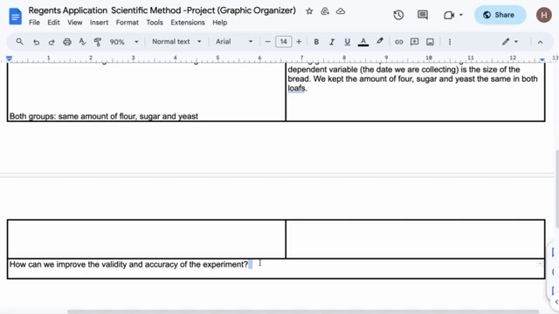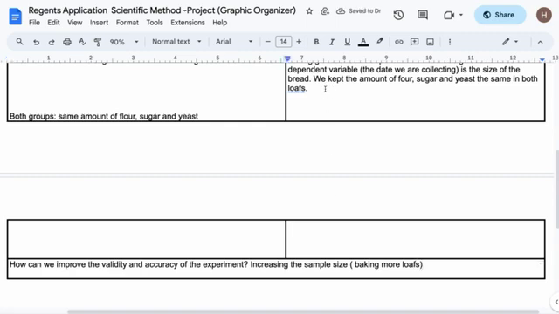If you increase your sample size, you increase your validity. And by the way, what is validity? Being valid is the likelihood of being accurate, of being correct. So improving the validity is improving your chance of being correct. So, increasing the sample size. In parentheses, I'm going to write baking more loaves.